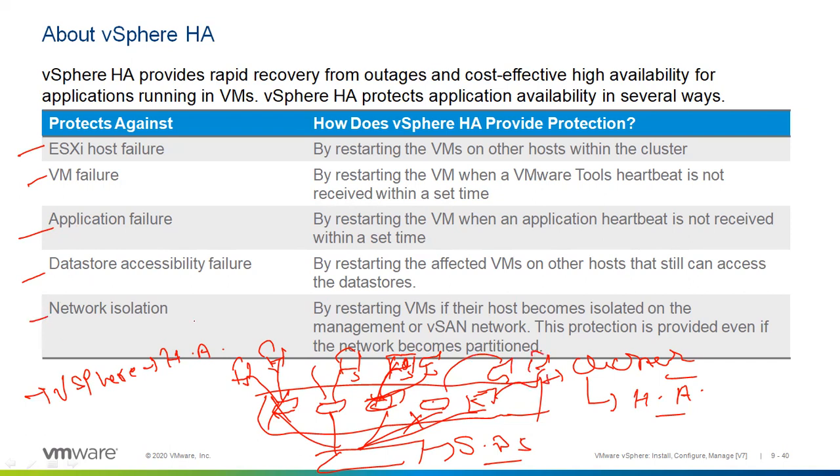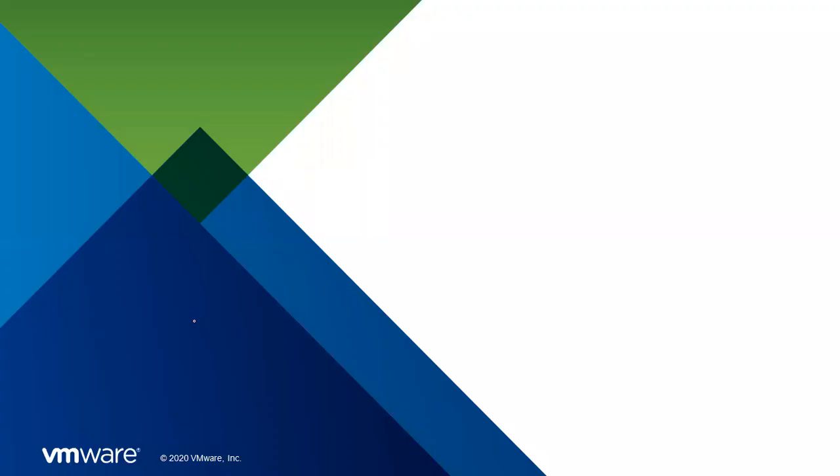When we say network isolation, a host is gone away from your network, like they are not able to communicate with the rest of the hosts, that is out of network. That's also protected by the HA feature. So my HA feature in vSphere protects me against all these failures. All right. We are going to talk about details in upcoming slides.